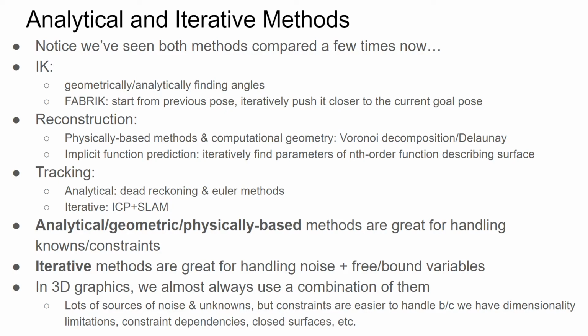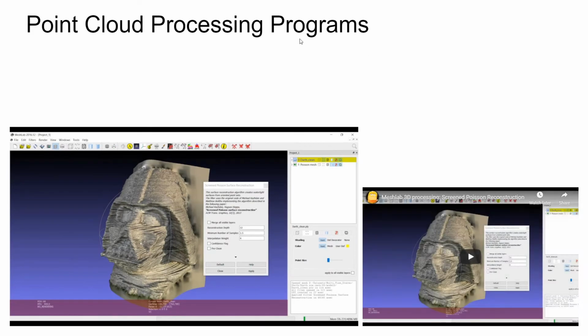We also have some really intuitive constraints like how far a bone can rotate. And we also have a lot of closed surfaces, like human meshes will probably be closed. So you can use both analytical and iterative methods in conjunction and get really good solutions that you'll see in some of the papers if you decide to go through the resources.